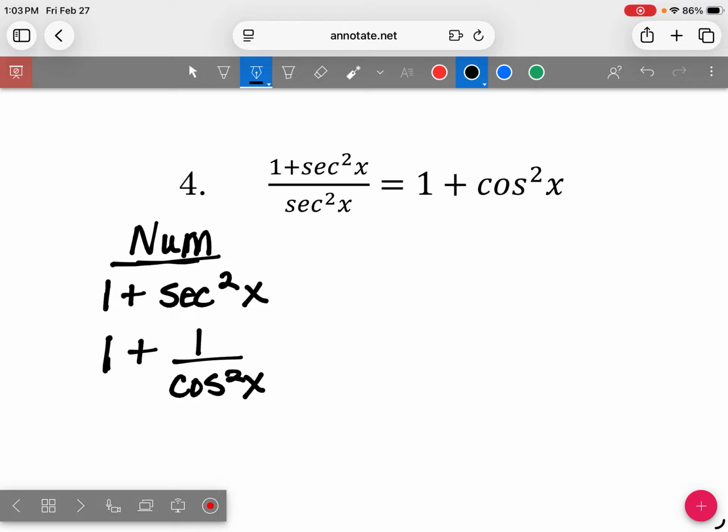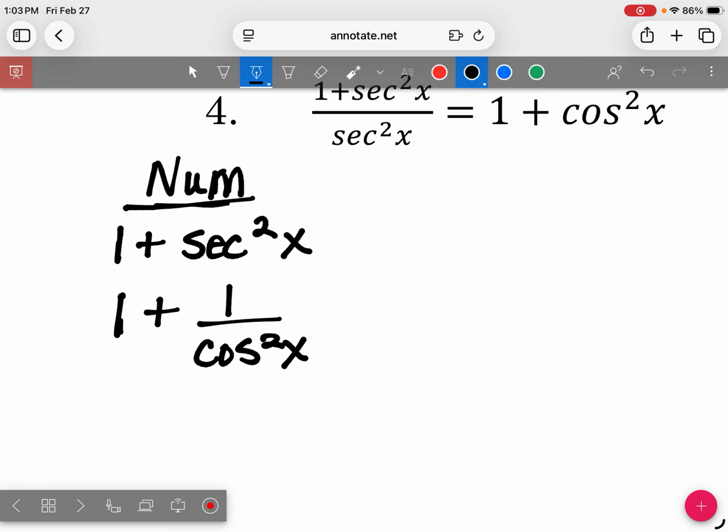Now, the term common denominator is going to come up so many times. So many times. So I have to multiply the 1 by cosine squared. Well, actually, let me go back. Because this is a 1 over 1. I have to multiply this by cosine squared, top and bottom, to get a common denominator.